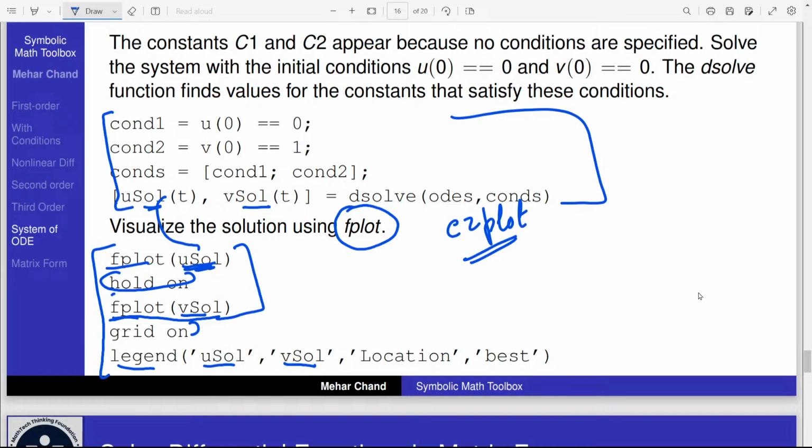And if you want to fix the location for the legend, you can insert here location west, or you can insert northwest, southeast, etc. You can do accordingly. See this visualization code in MATLAB, because this is a very important part for this section.